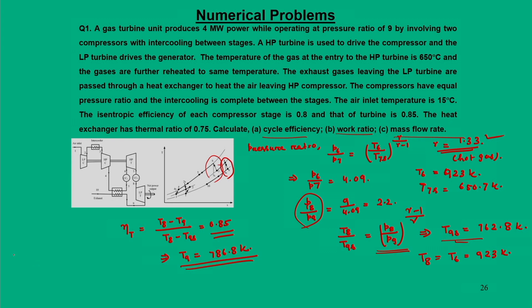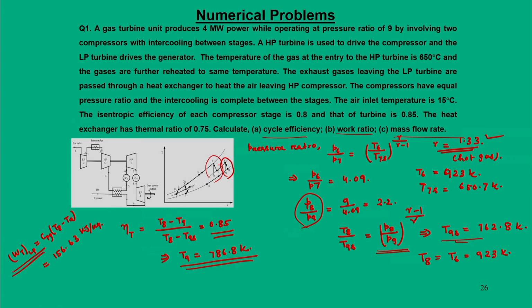For the low pressure turbine we can write Cpg into T8 minus T9. So, the low pressure turbine work we can calculate as 156.63 kilojoule per kg.